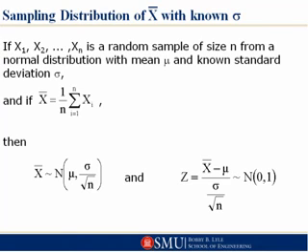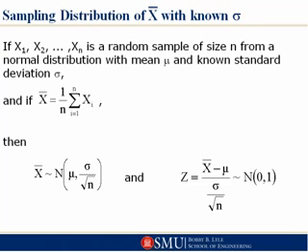Okay, so let's look at this. If x1 through xn is a random sample of size n from a normal distribution, let's look first at normal distributions with a mean of mu and a known standard deviation sigma. And if x bar is, just as we talked about before, a sample mean where you add up the values in the sample and you divide by n, the size of the sample, then what does the probability distribution look like for all those different x bars, all those possible sample means that you could take from this underlying normal distribution?